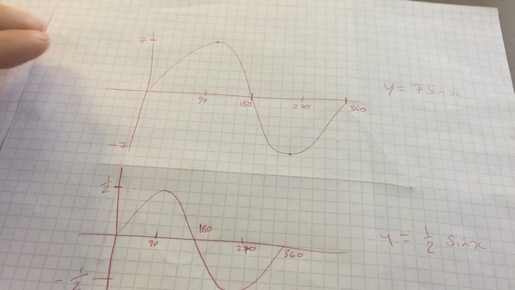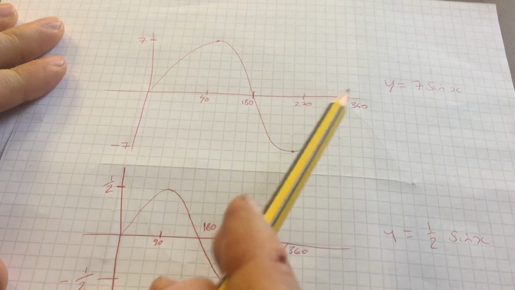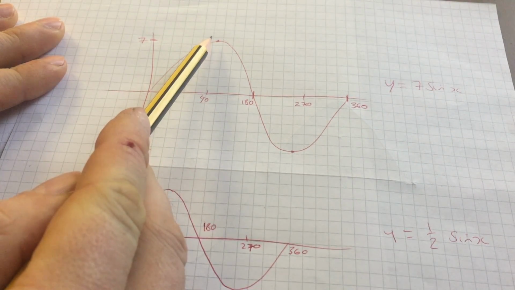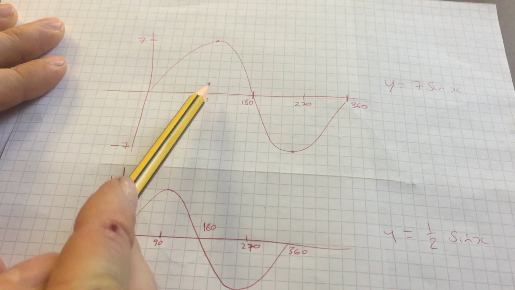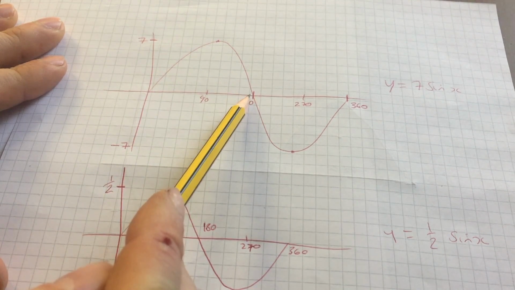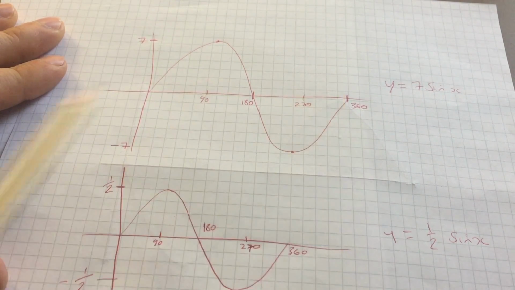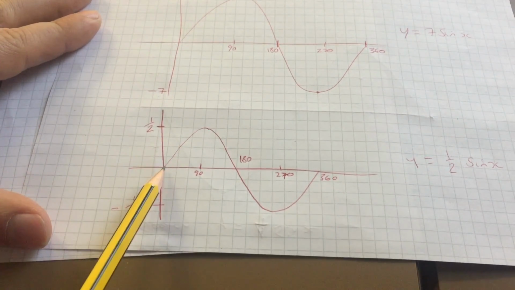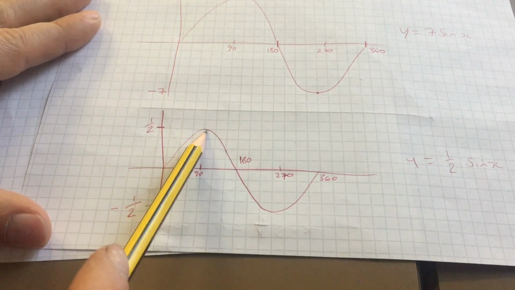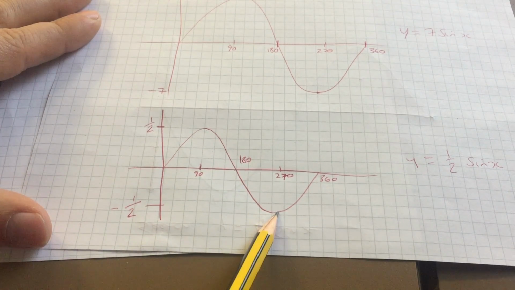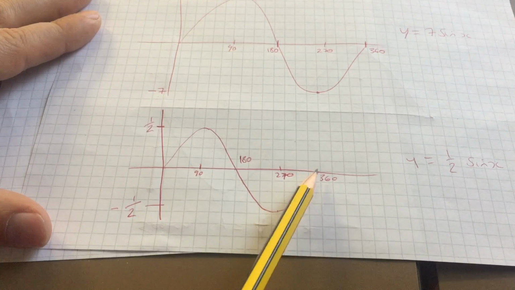Again, bear with my amazing sketches, but we're working on that. y equals 7 sine x means it goes up to a height of 7 at 90, passes through 180 at 0 still, and down to a height of -7 before returning back to 0 at 360 for a sine curve. And then for a half, starting at 0, up to a half, through 180, down to -0.5, back up to 360.